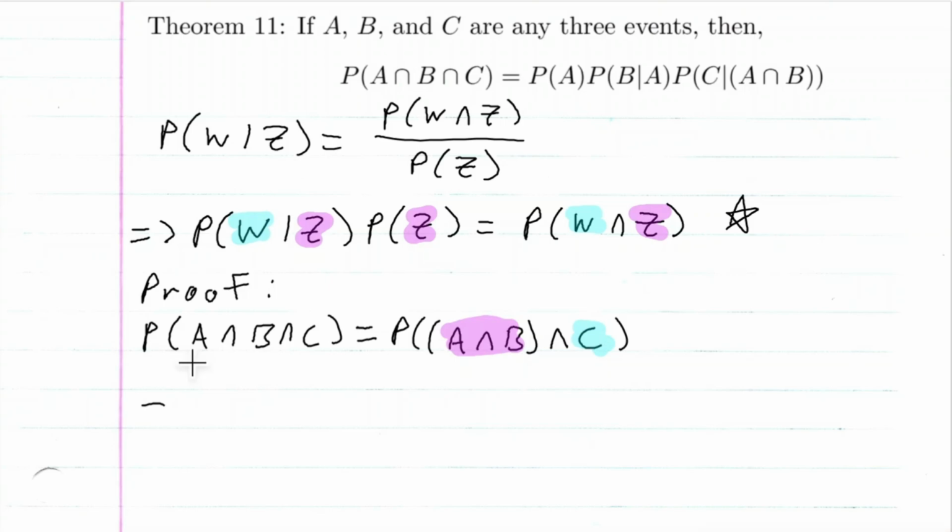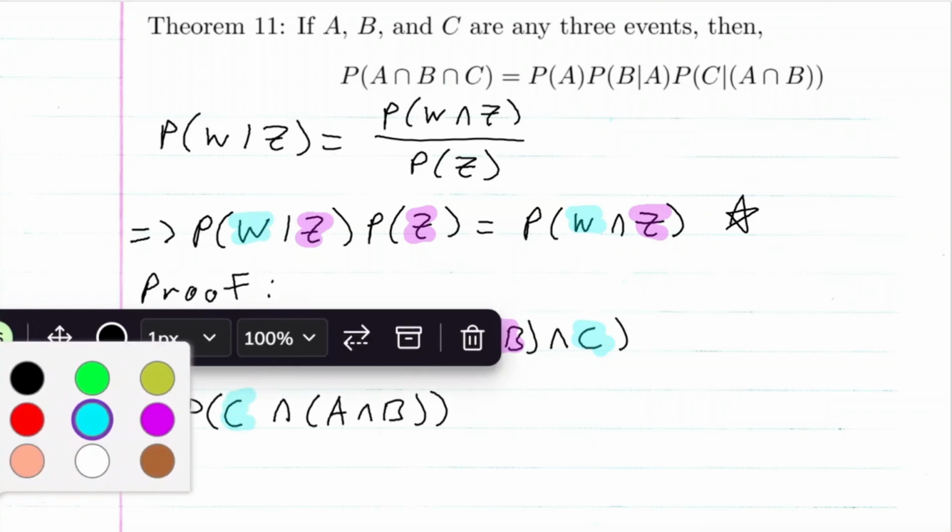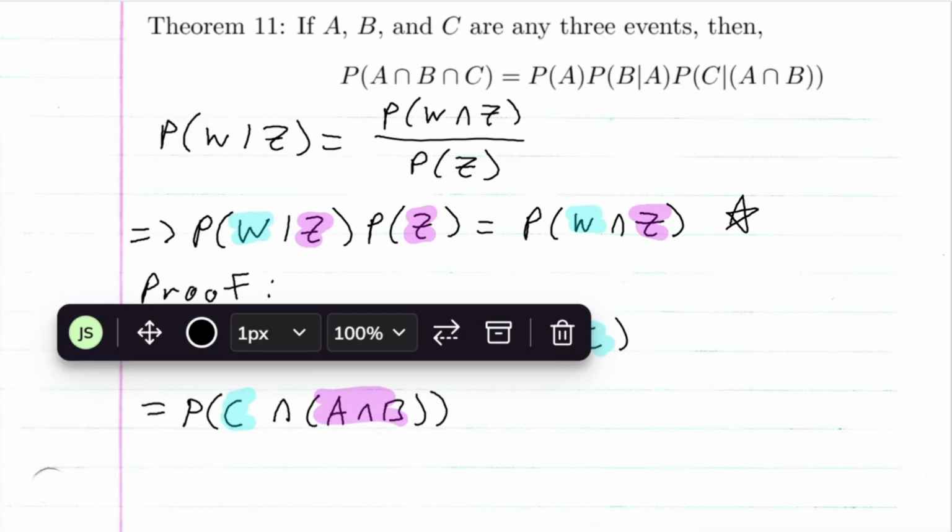So let me go ahead and flip them. So that means the probability of C intersection A intersection B. So it's exactly like my definition above, right here. So let me continue with the markups. C is my blue, and A intersection B is my purple.